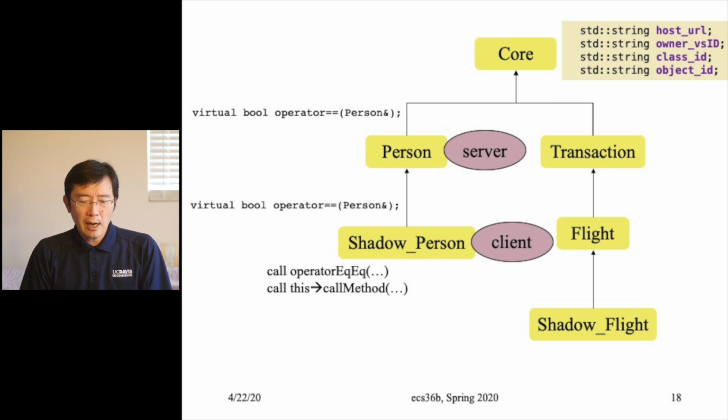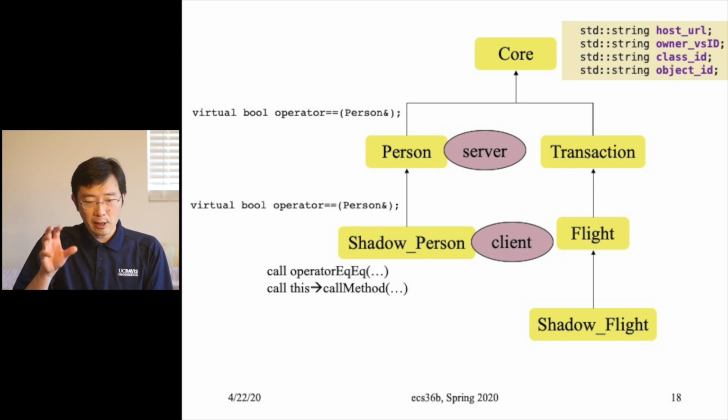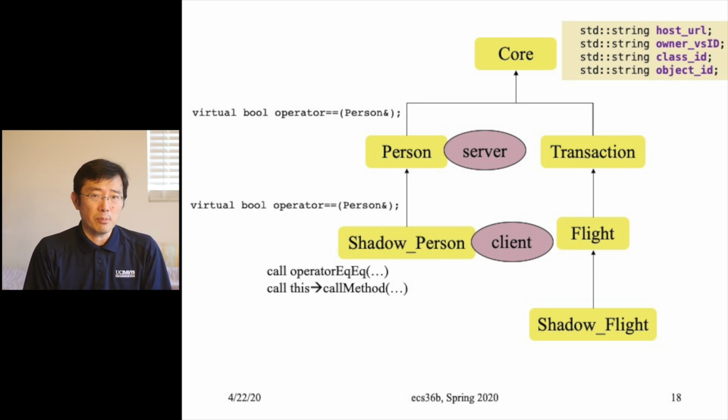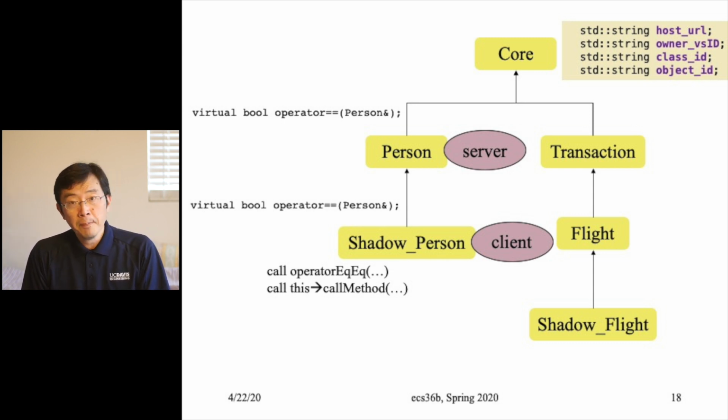So here's our hierarchy that we have: core, transaction, fly, and shadow fly. Okay, that's on one side. For implementing the operator overloading, I'm going to have a shadow person. In fact, I think you must have a shadow person class in order to do this correctly. Now you can see that I have a virtual Boolean operator equal on both the person class and the shadow person class.